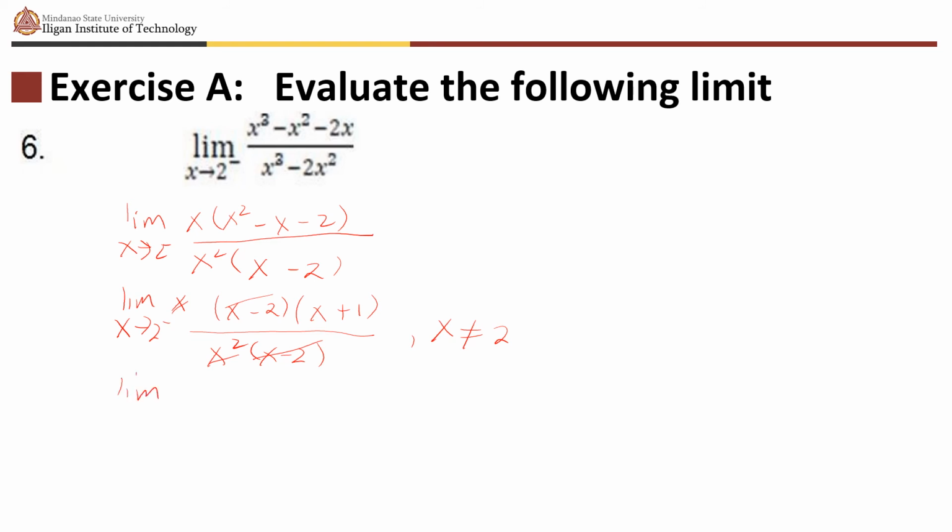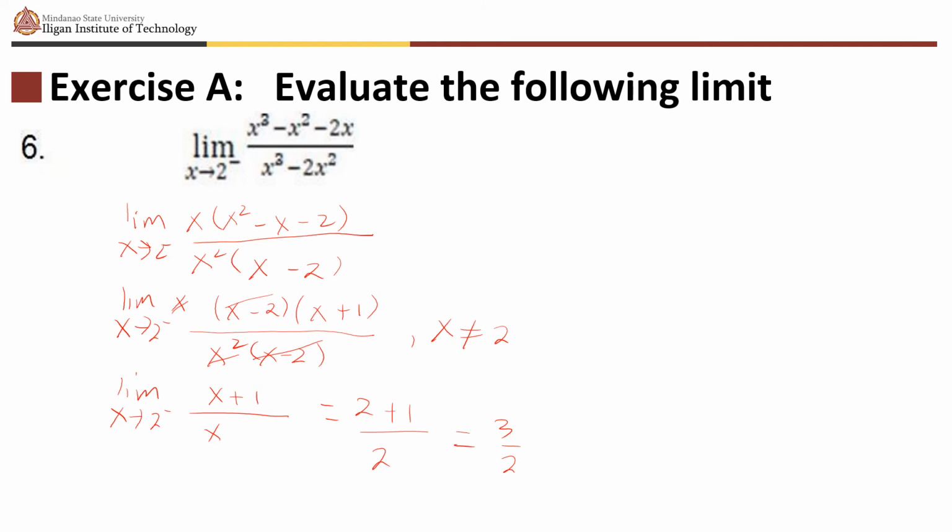That is the limit now of x plus 1 all over x, as x approaches 2 from the left. And that is actually equal to, when we let x approach 2 from the left, 2 plus 1 all over 2, which is equal to 3 over 2.